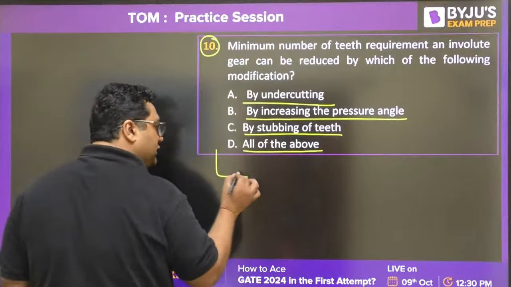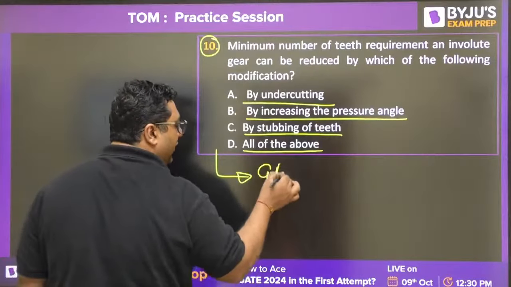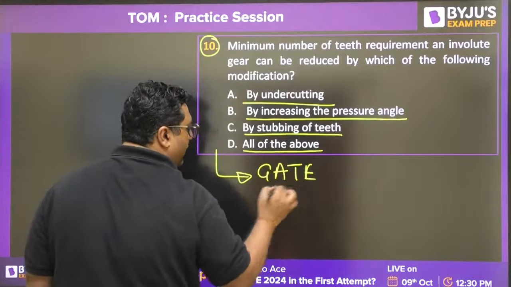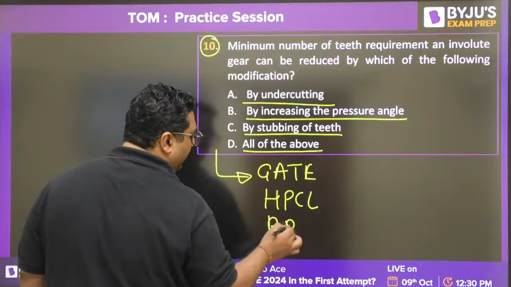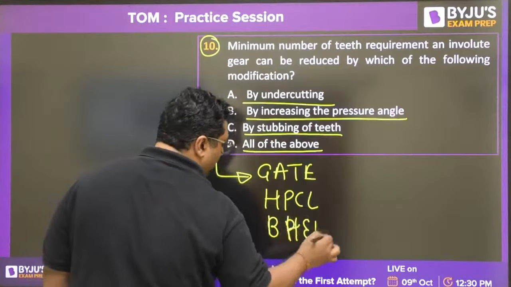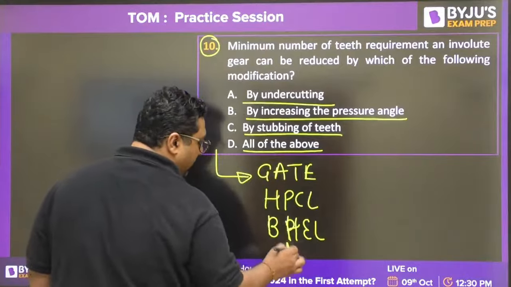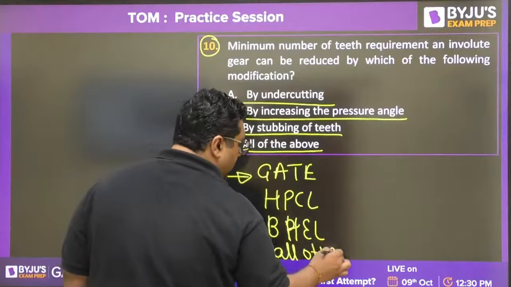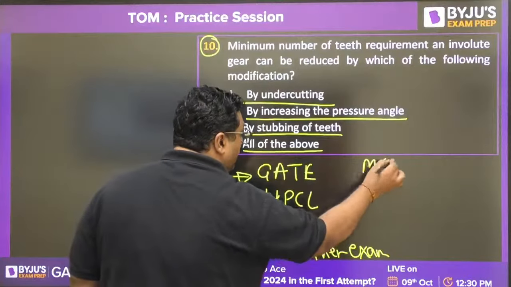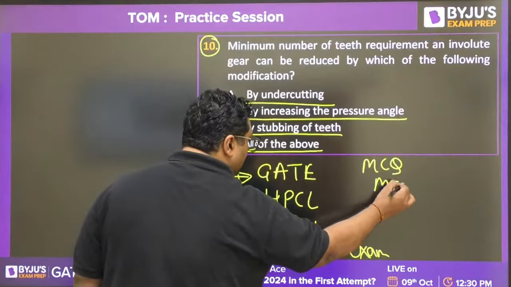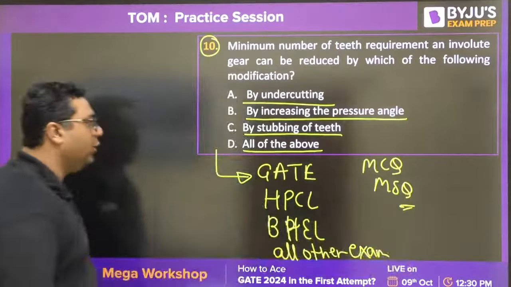This question is suitable for GATE, HPCL, BHEL, and all other exams, because this can be treated as an MCQ as well as an MSQ. That is why it is a very good question.